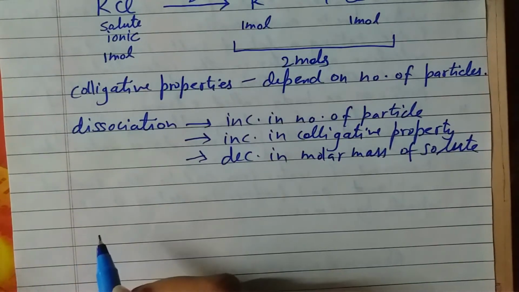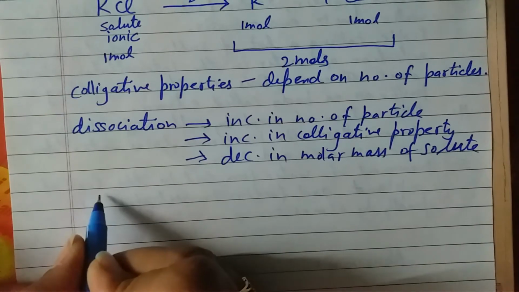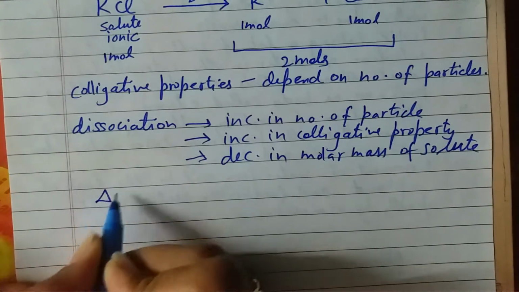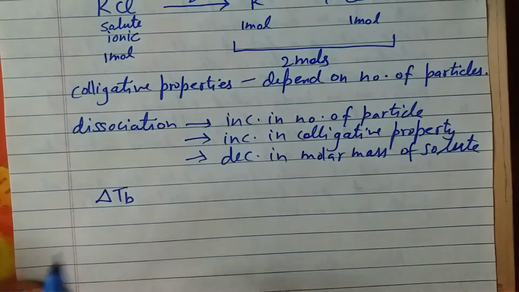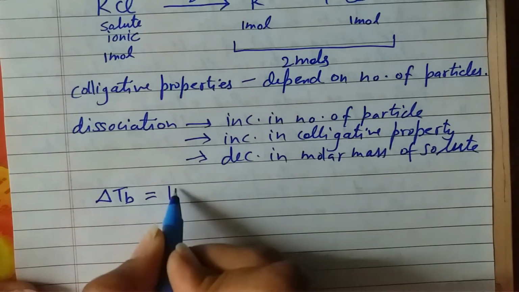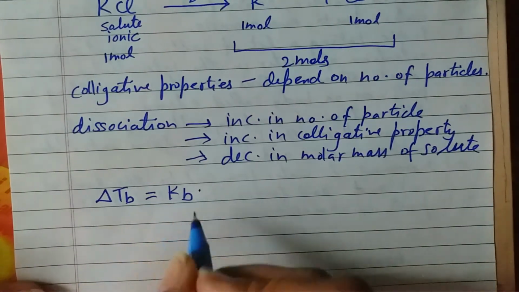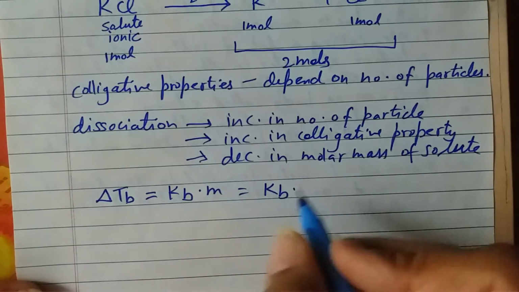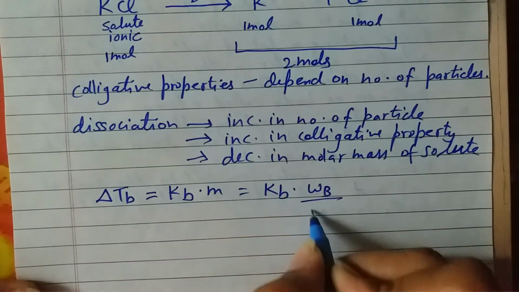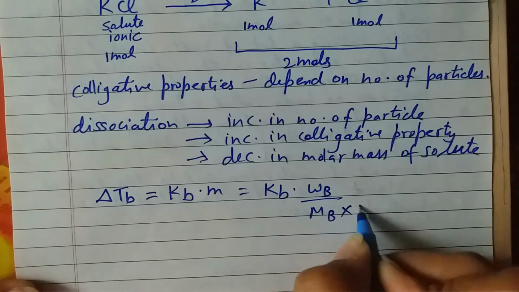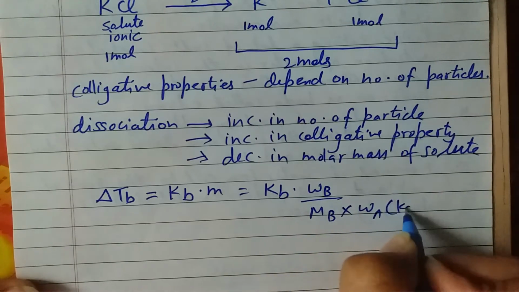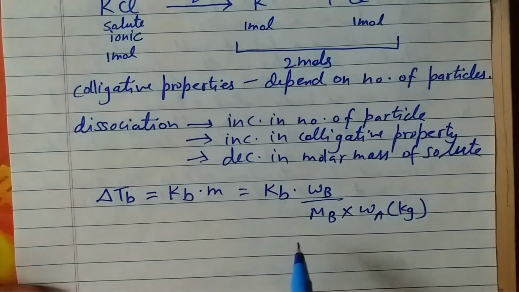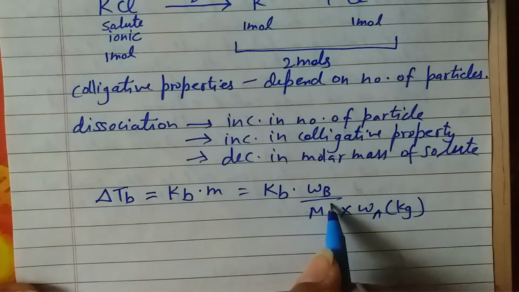You take any colligative property. For that matter, I am considering delta TB, the elevation in boiling point. If you remember, delta TB is equal to KB into m, where m is molality, which you can further write as KB into weight of the solute upon molar mass of the solute, into weight of the solvent that you have to take in kilograms. Now, how do you see the molar mass of the solute?